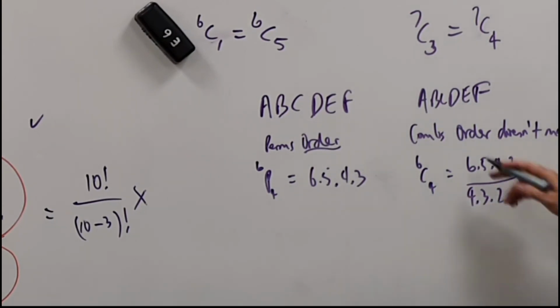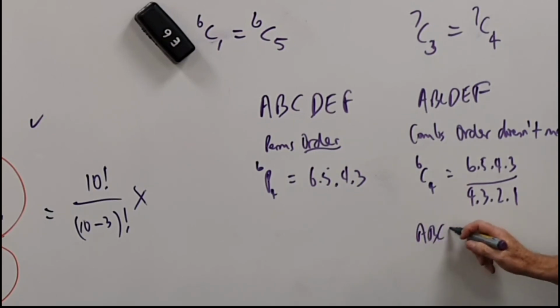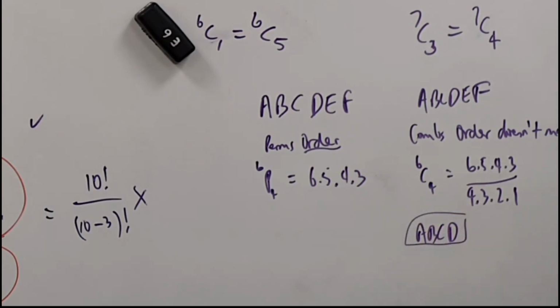Why? Because if I had a group of A, B, C, and D, they could have been A, B, D, C, A, C, D, B. How many ways could I have done that? 4 factorial, or my brain sees it as 24 automatically. When I see 4 things, I know it's 24.